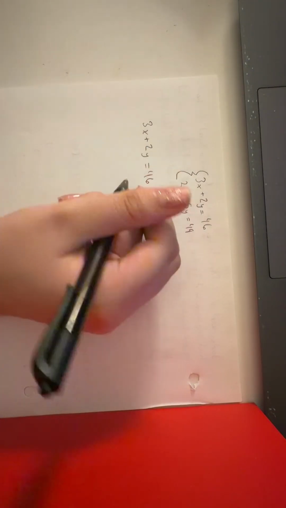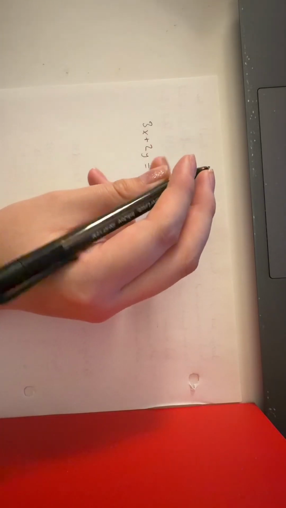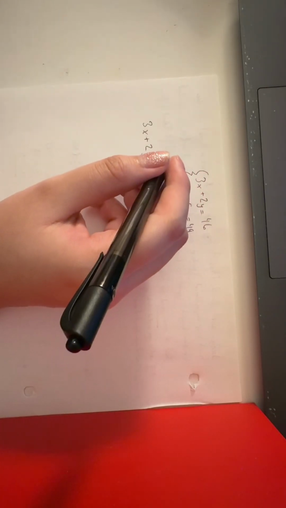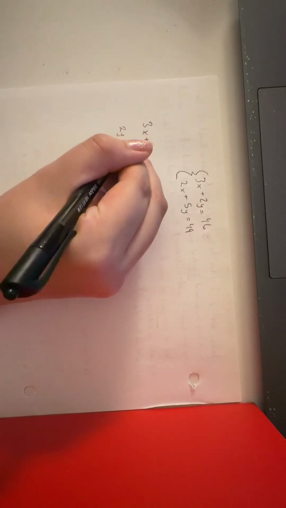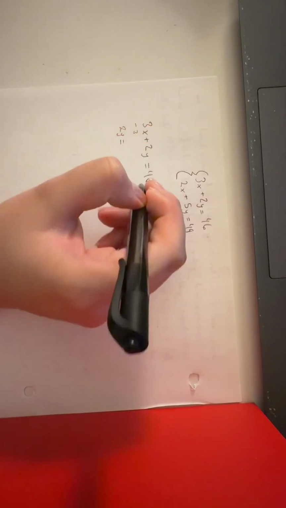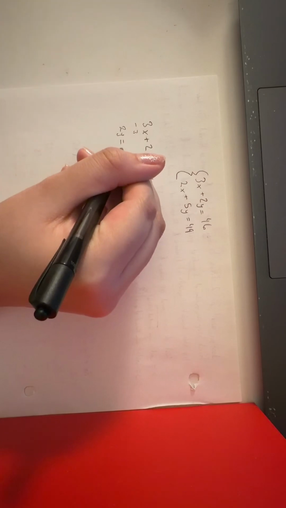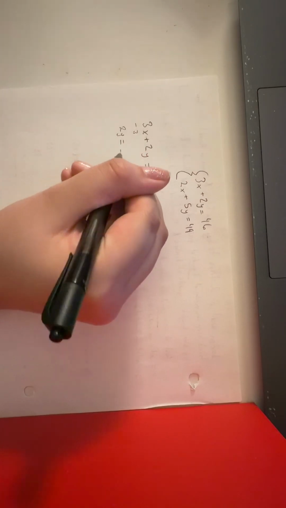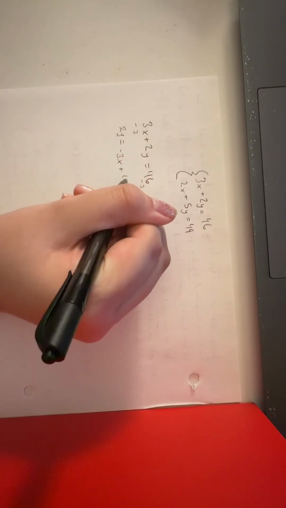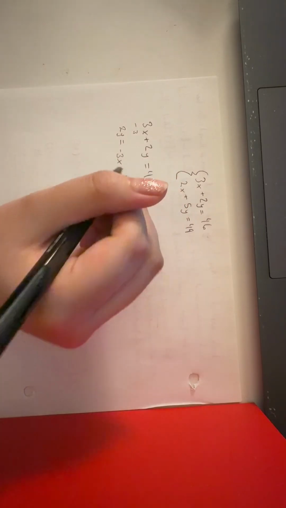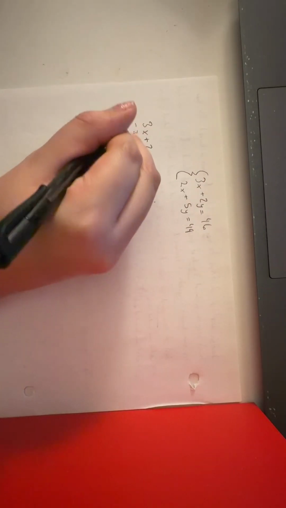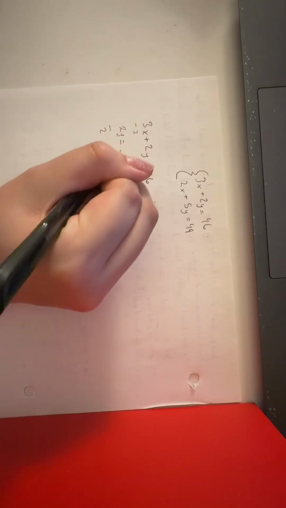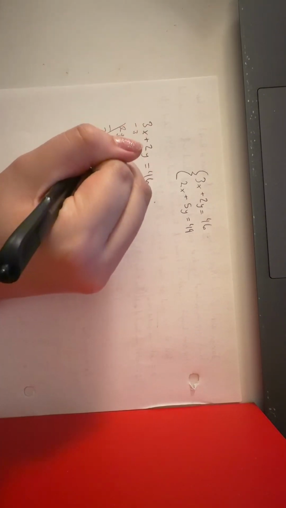And I want to isolate the y. We're going to do that by putting the 2y on this side and subtracting 3x on both sides to get negative 3x plus 46. And once you do that, you are going to divide by 2 on both sides so you can isolate this.